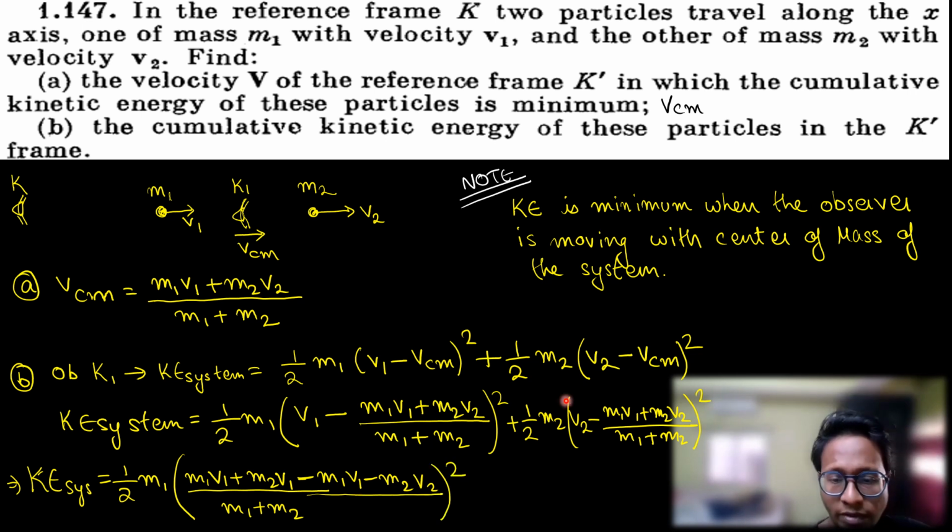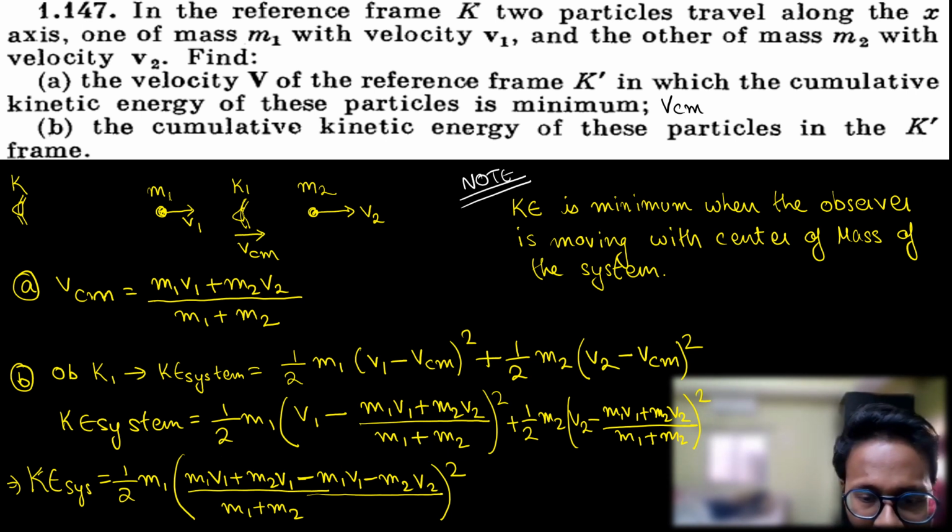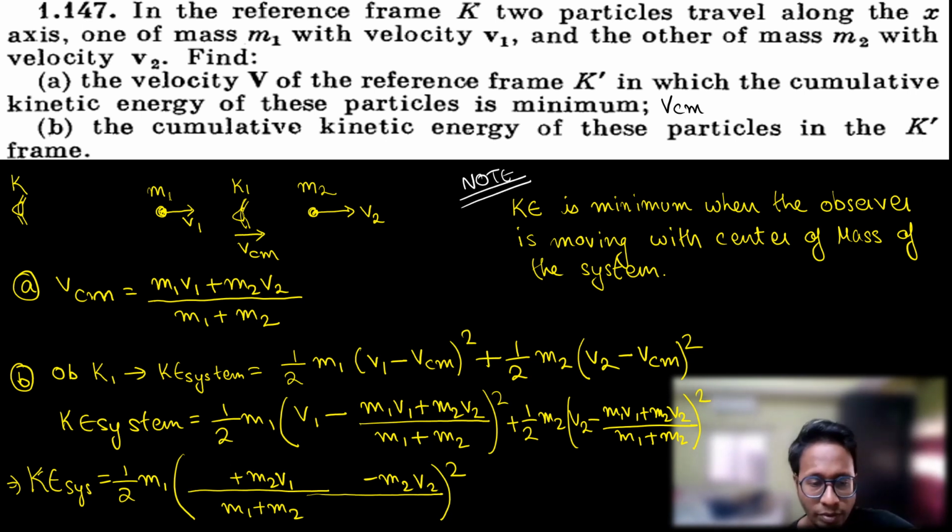Now before solving this second part, let me simplify this part. The m1 v1 and m1 v1 get cancelled. So out here it would be m2 v1 minus m2 v2. Can I take m2 common? Of course.